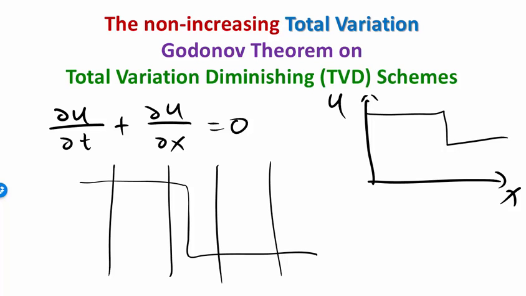And let's take a look at the finite volume approximation of this. We are going to get a constant volume average like this here, and a volume average like this here, and another volume average like this here, right?